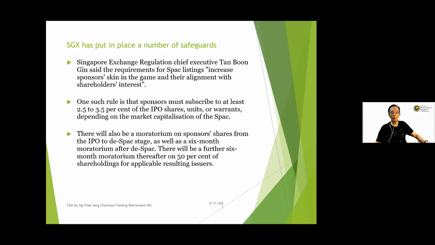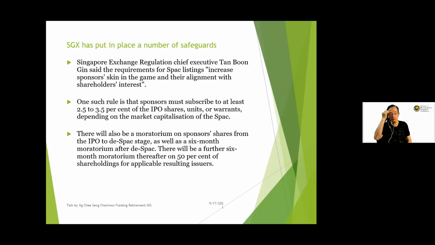There will also be a moratorium on sponsor shares from the IPO to the de-SPAC stage, as well as a 6-month moratorium after de-SPAC. There will be a further 6-month moratorium thereafter on 50% of the shareholding for applicable resulting issuers. This moratorium is something like a retention period.